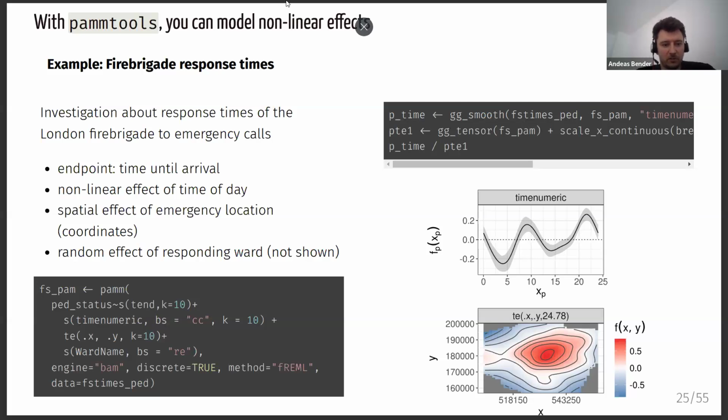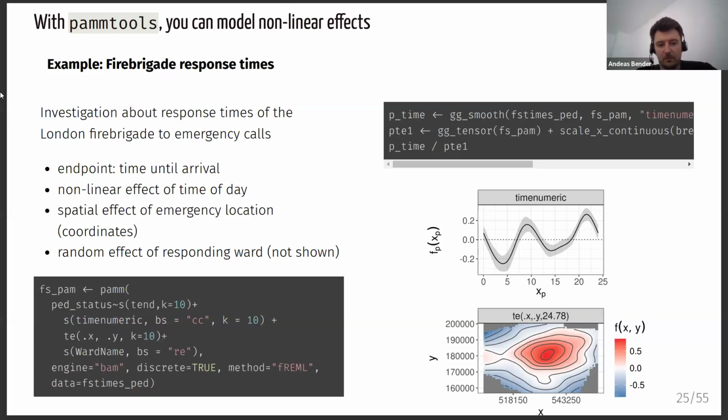Yeah. And an example for that is here. So when you look at the code, we fit the normal PAM model, but then for the additional arguments, we specify that the engine should be BAM, which stands for big additive model. And then discrete equals TRUE is also an option that makes it even more efficient to estimate splines.